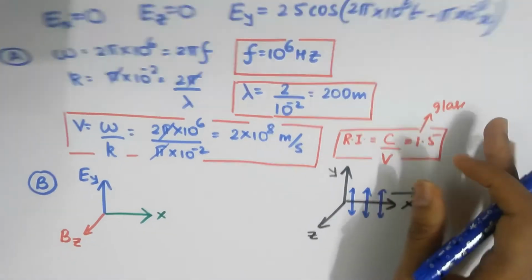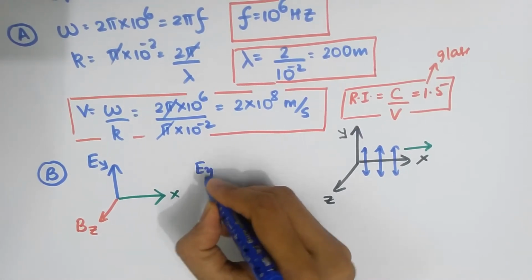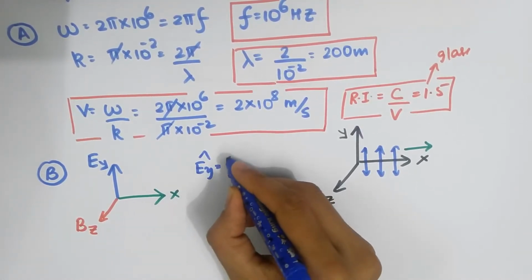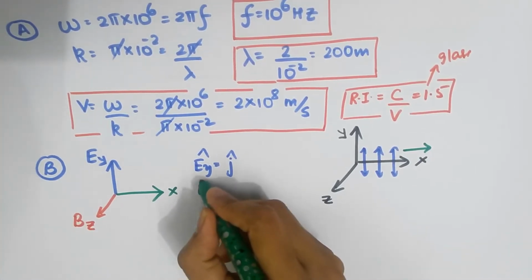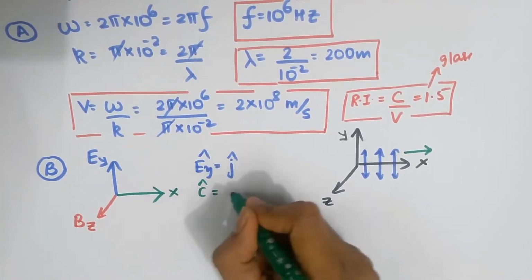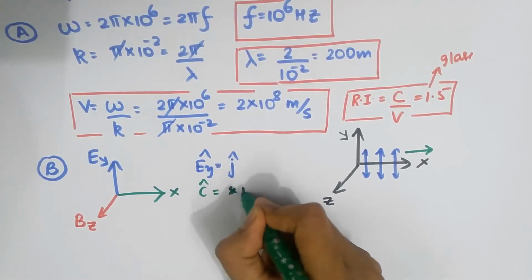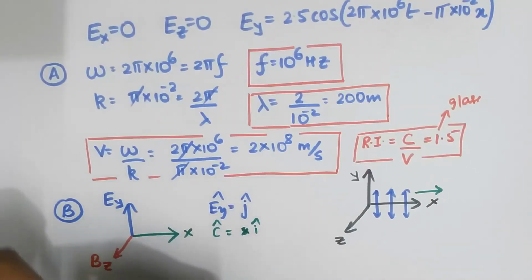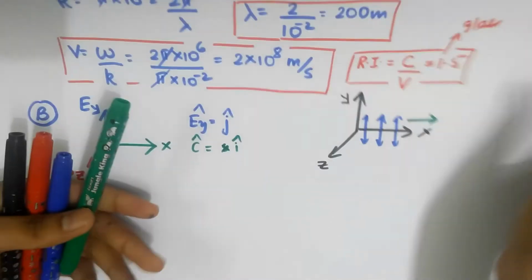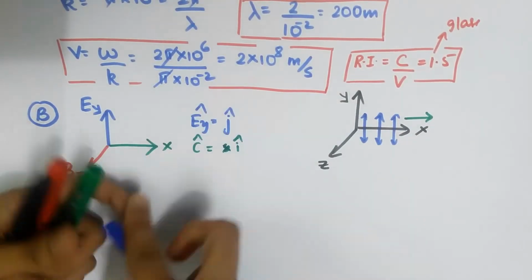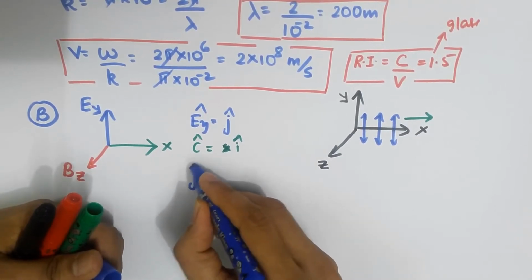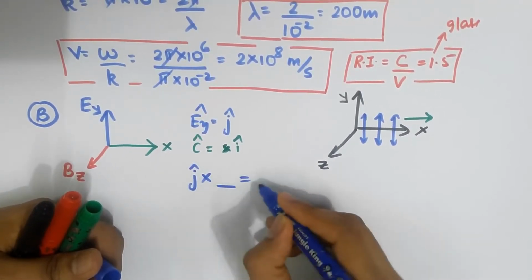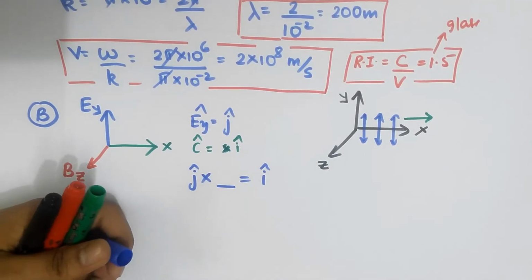Let's use unit vectors. We know the electric field vector is along the J direction, and we know that the wave is propagating, I'm just going to put C cap for propagation of wave, along the X direction, that's I cap. So we need to ask ourselves, what should I cross J cap with? It has to be E cross B, right? So J cap cross what gives me I cap.